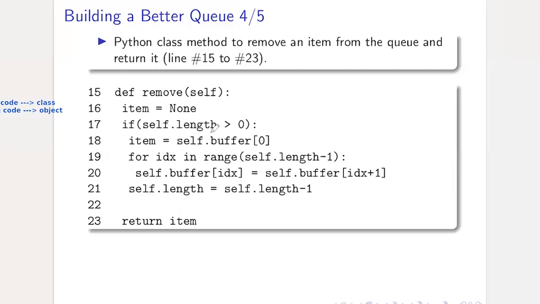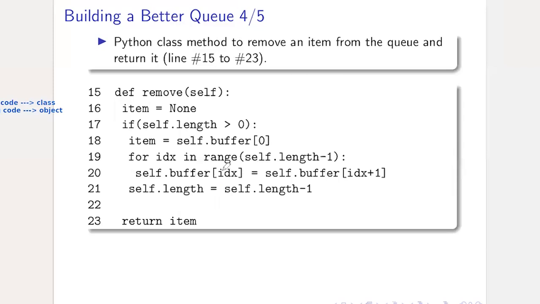So if there are items in the queue, we will store the first item in the queue. The buffer is a list, so the item at the 0th location, I will store into this variable called item. This is a temporary variable actually. After storing it there, I will shift all the items one place forward.